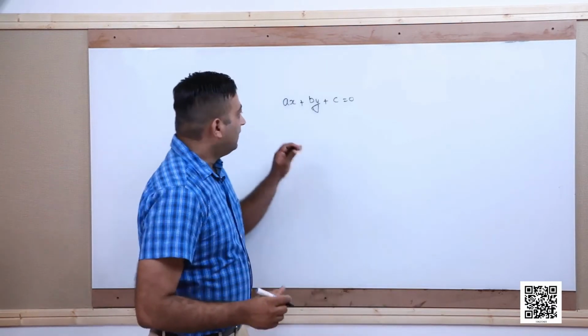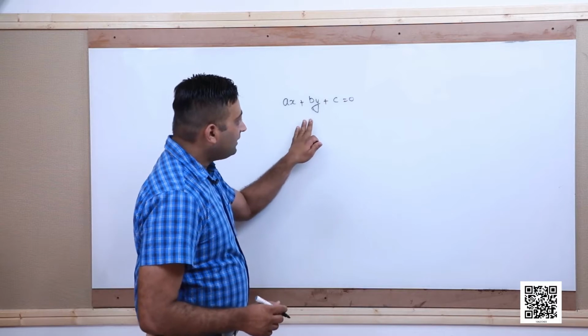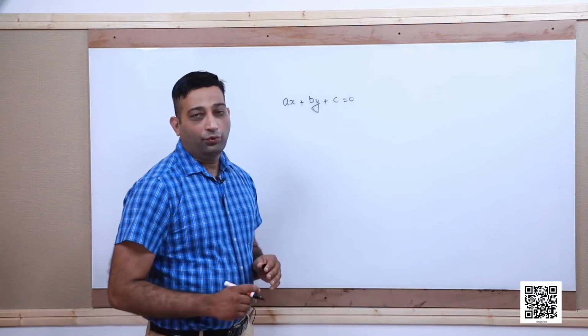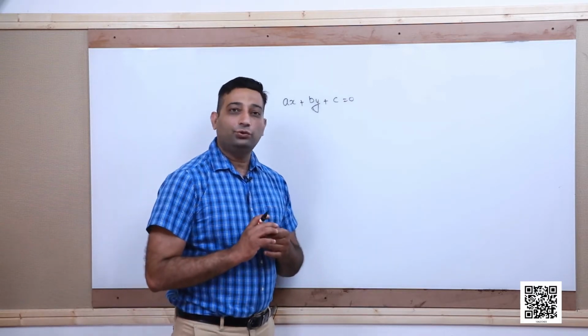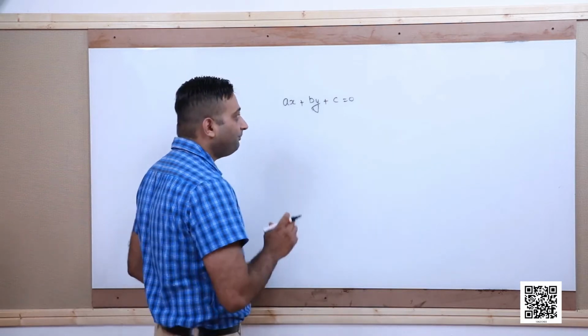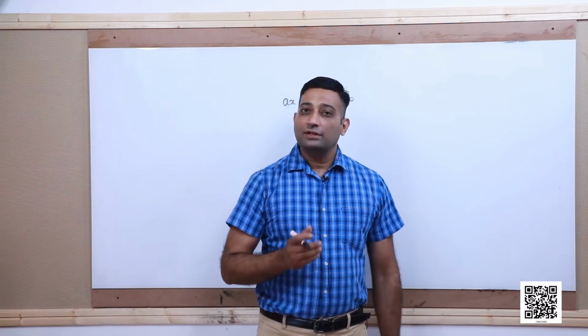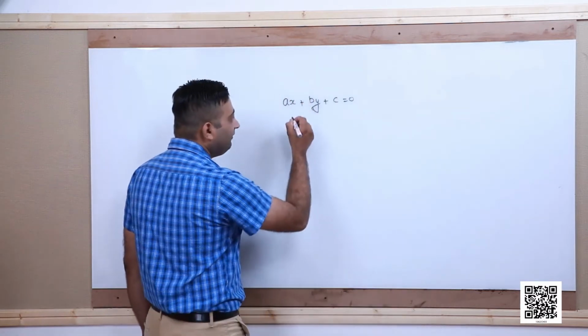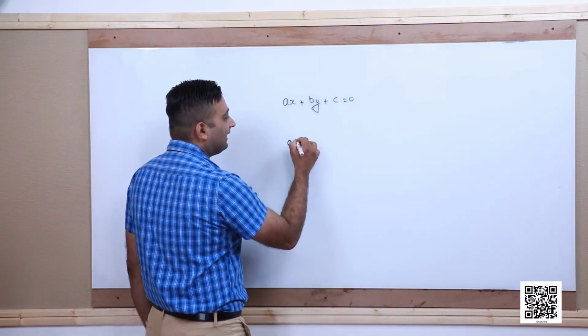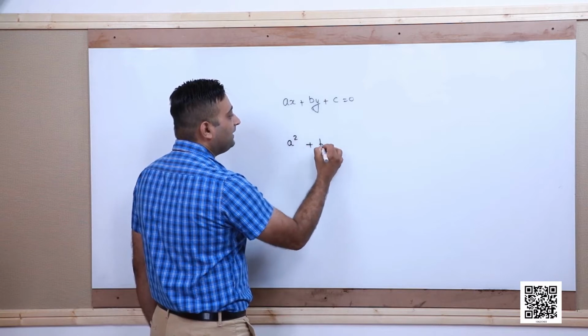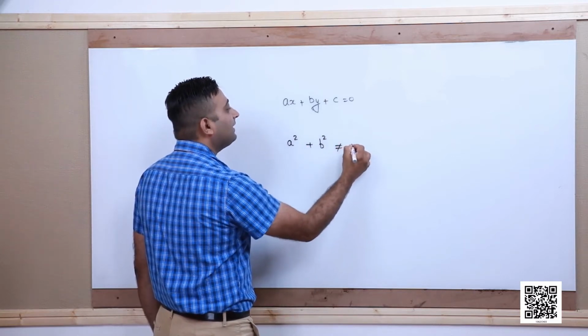Now, the equation ax plus by plus c equal to 0 represents a linear equation in two variables with the condition that both a and b must not be 0 simultaneously. That means we can write this condition as a square plus b square cannot be 0.